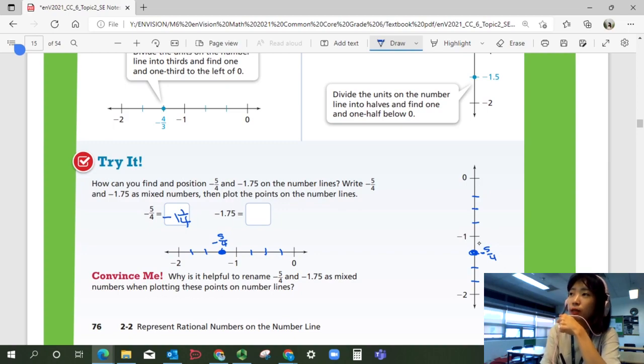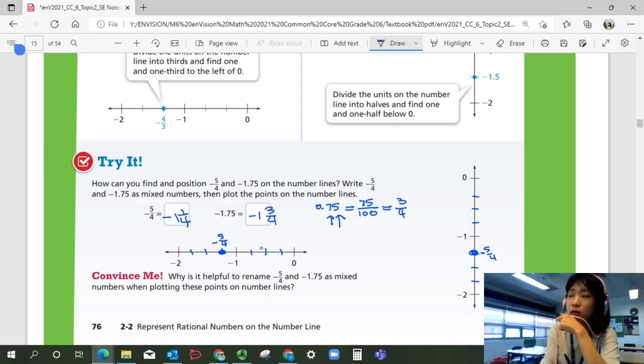Okay. What about -1.75? What is that as a mixed number? Well, you have 0. You already know what 1 is. What about 0.75? 0.75 as a fraction is 75/100. If you have two place values, you can put 2 zeros with the powers of 10 in your denominator to make it a fraction. Simplify this so that you get 3/4. So your mixed number is -1 and 3/4.